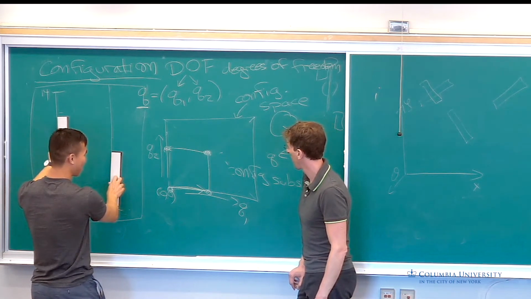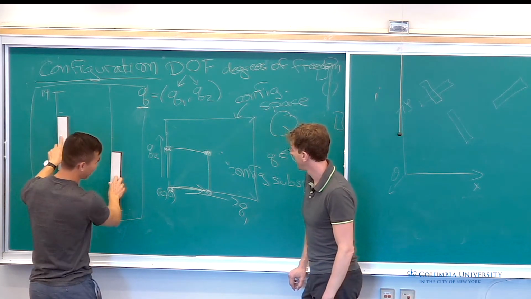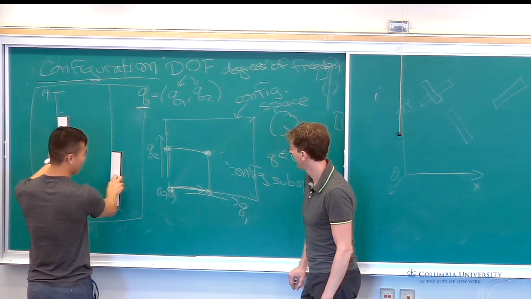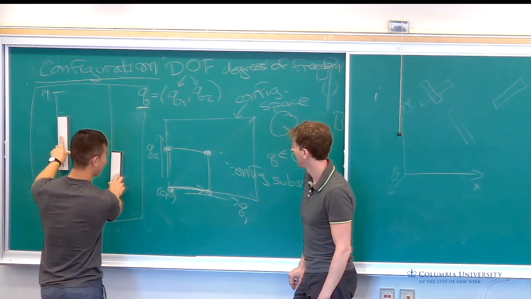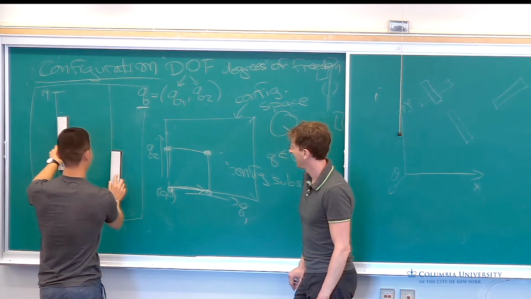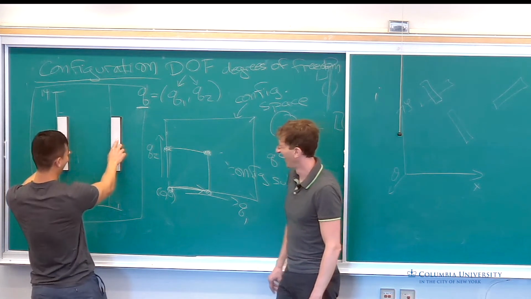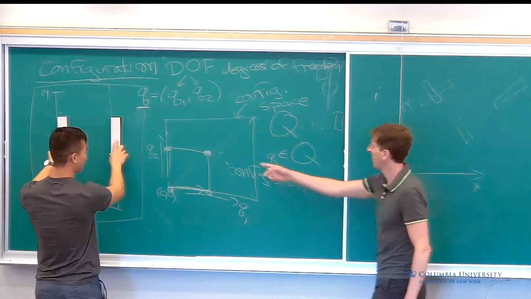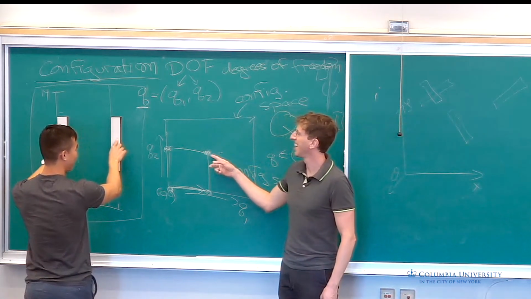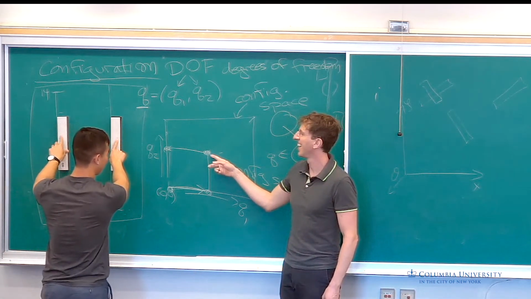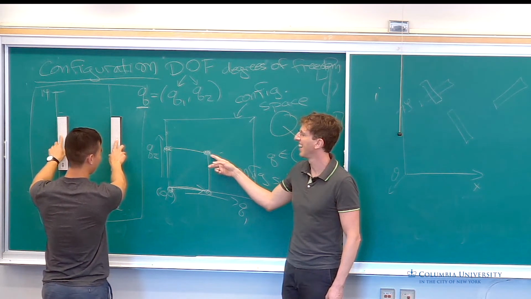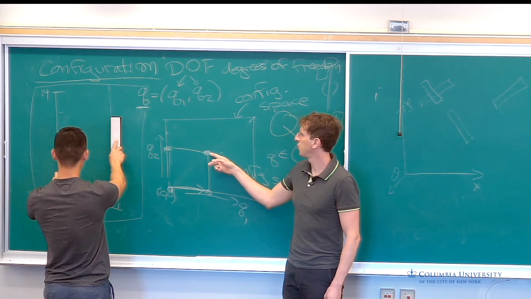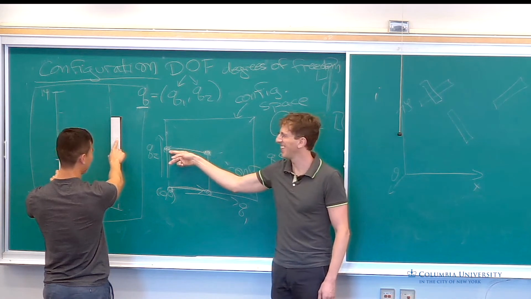And then moving from T1 to T2, Q1 stays the same, and then Q2 goes. So they're both halfway up now. So now we're here, right? And then next, we can see that Q2 stays the same, but Q1 goes back down. All right. Good. Very nice.